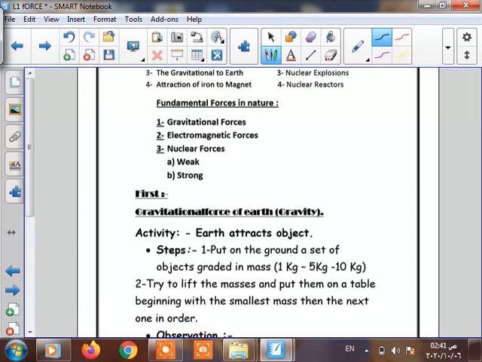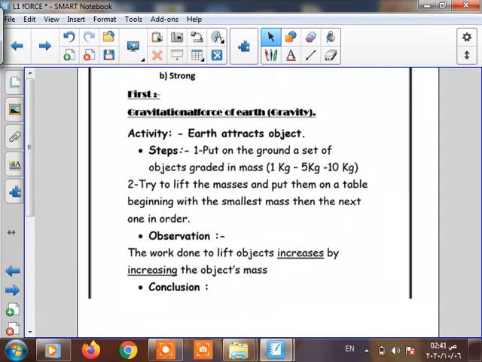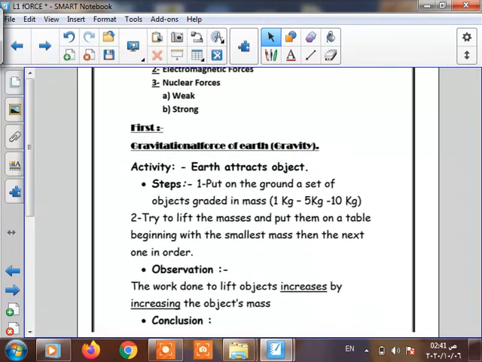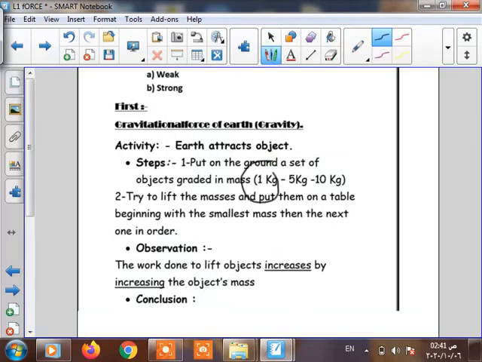When I have certain objects with different masses and I want to lift them on a table, if the first object's mass is 1 kilogram and the others are 5 and 10 kilograms, I will start to lift the first object by a certain power.